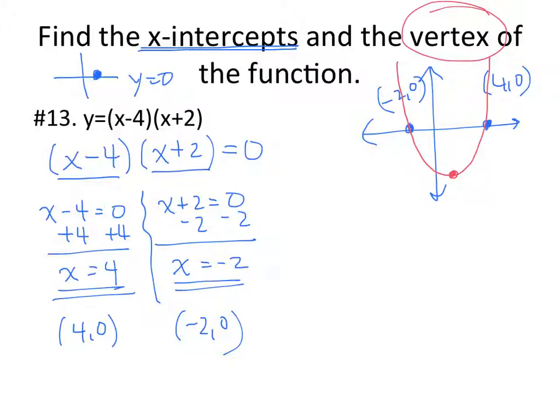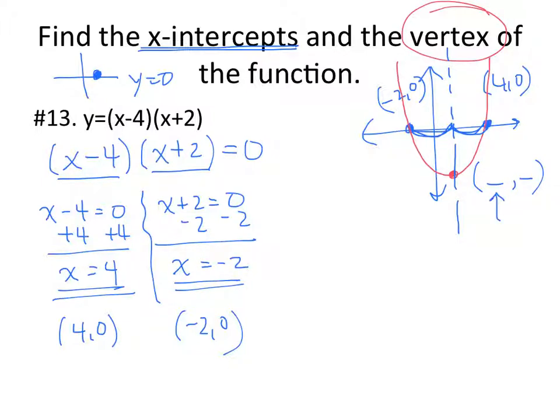And because we know that symmetry exists, it's going to be in the middle of these two coordinates. So if we want to find the x value, we're going to have to find the average of our two x coordinates.